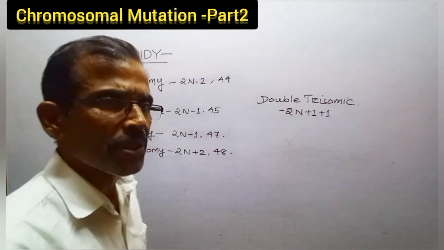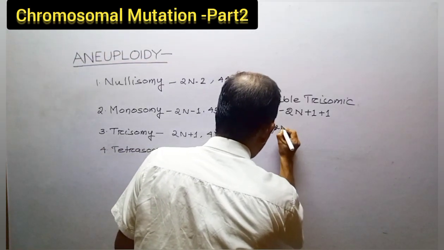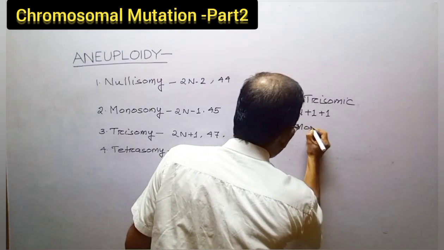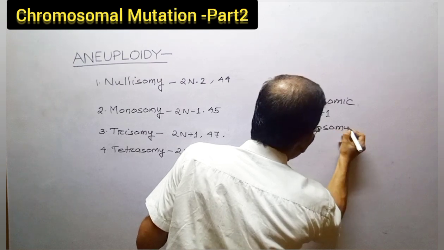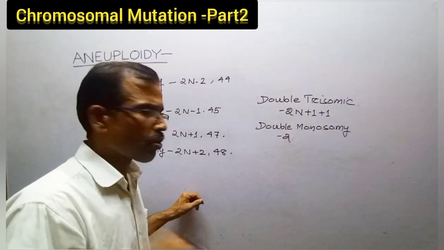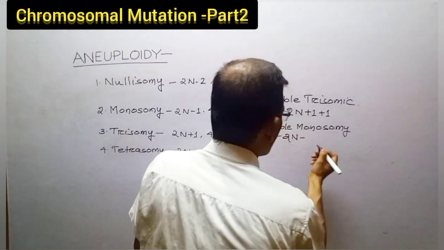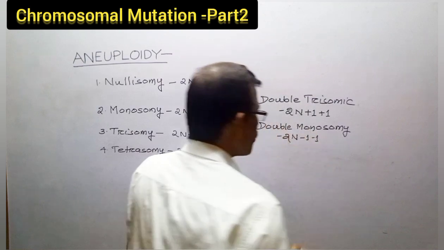In another condition known as double monosomic, there are two fewer non-homologous chromosomes. So it is represented by 2n-1-1.